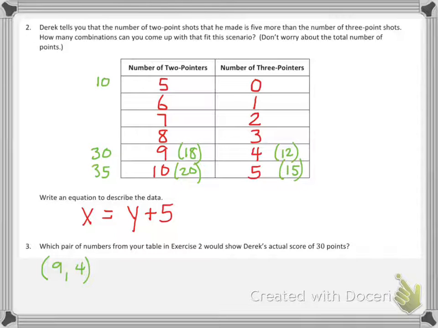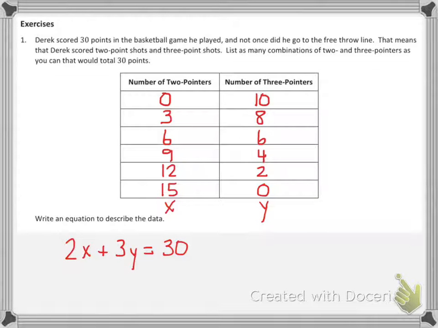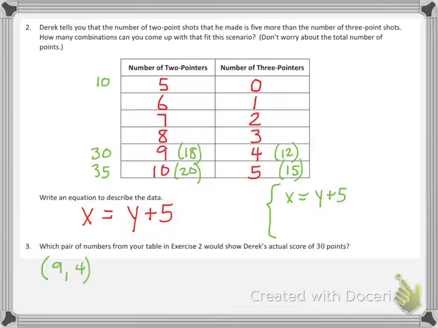Okay, well, we have 2 equations. We have this one that we just wrote for this situation. We have x is equal to y plus 5. That's the first equation. And then we had this one from our last screen, 2x plus 3y equals 30. And those are simultaneous equations. They have to work at the same time.